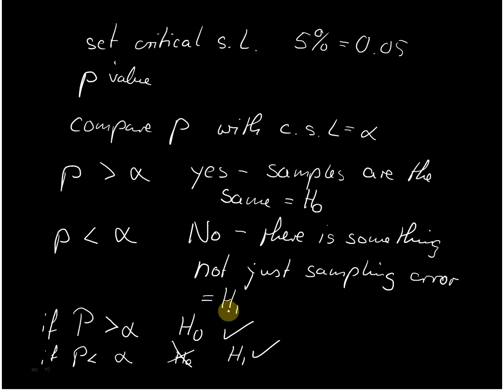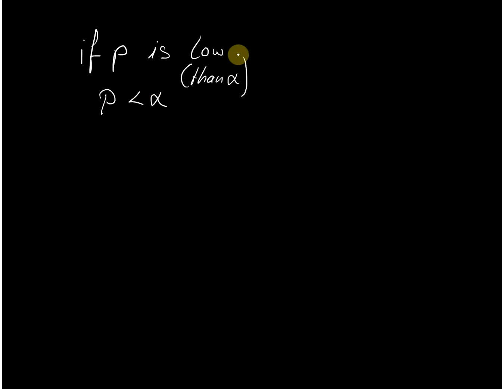And we can phrase that in something that is easy to remember. We can say if p is low, so this means lower than alpha, then H naught must go.